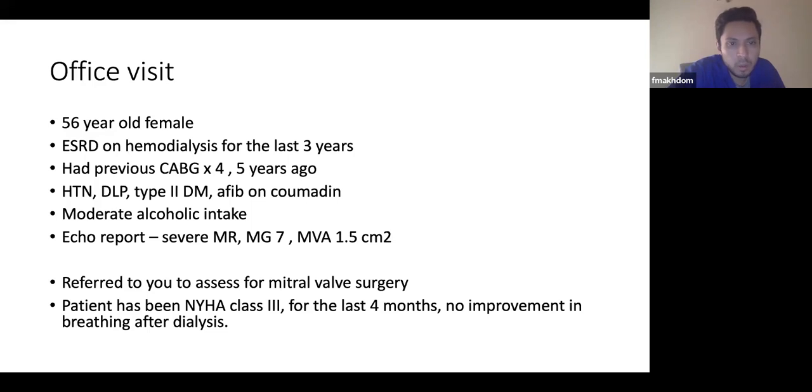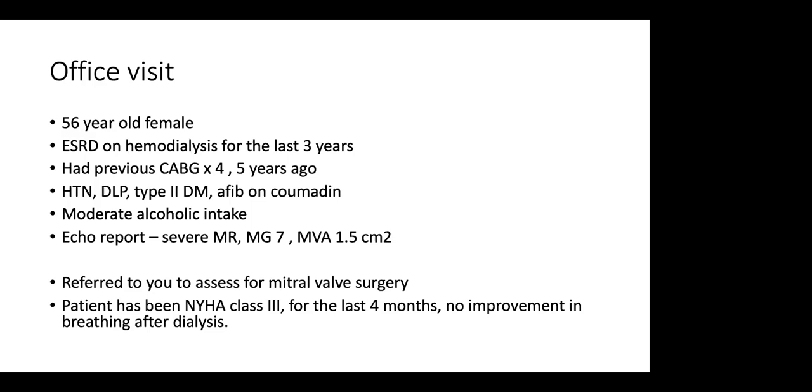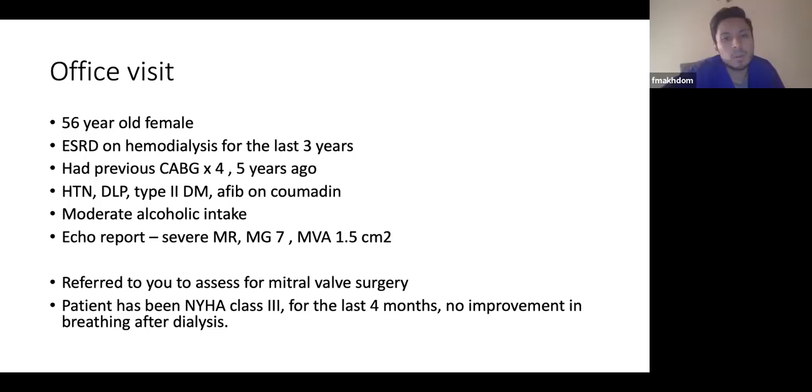And echo already showed a normal ejection fraction, severe MR with mainly posteriorly directed jet, with a mixed picture between MR and MS and a dilated atrium. And chest X-ray normal? Chest X-ray is normal.